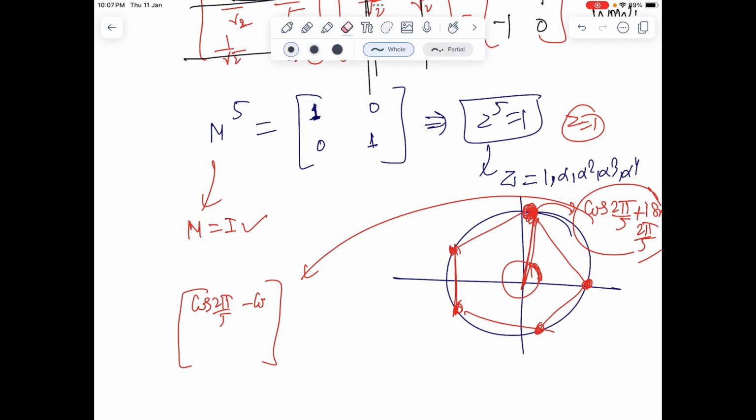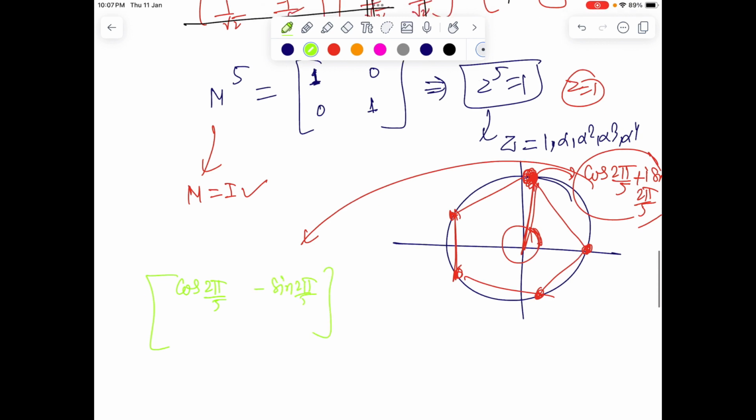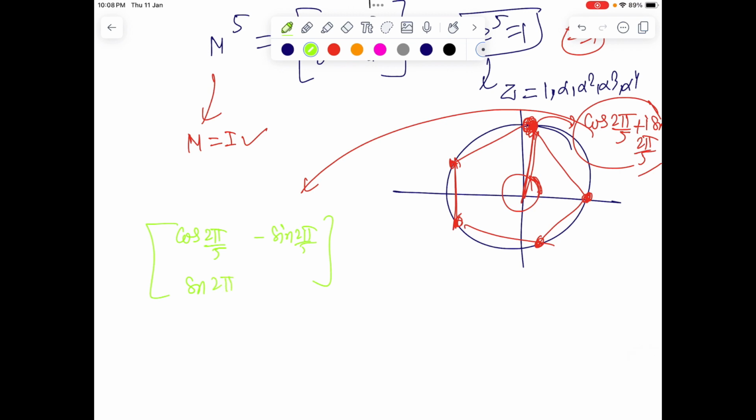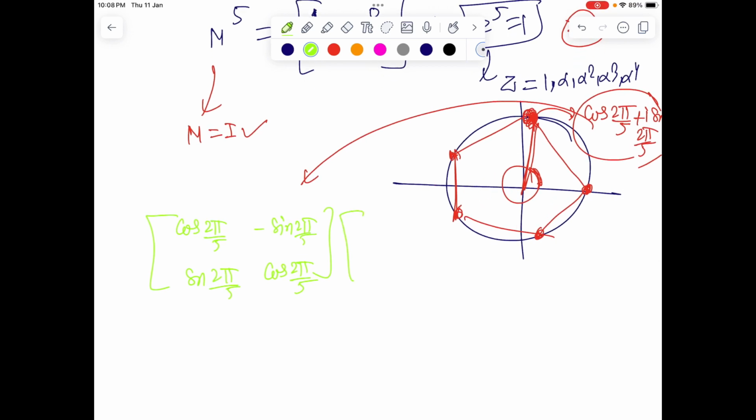It will be cos 2 pi by 5, minus sine 2 pi by 5, and we have sine 2 pi by 5, and cos 2 pi by 5.